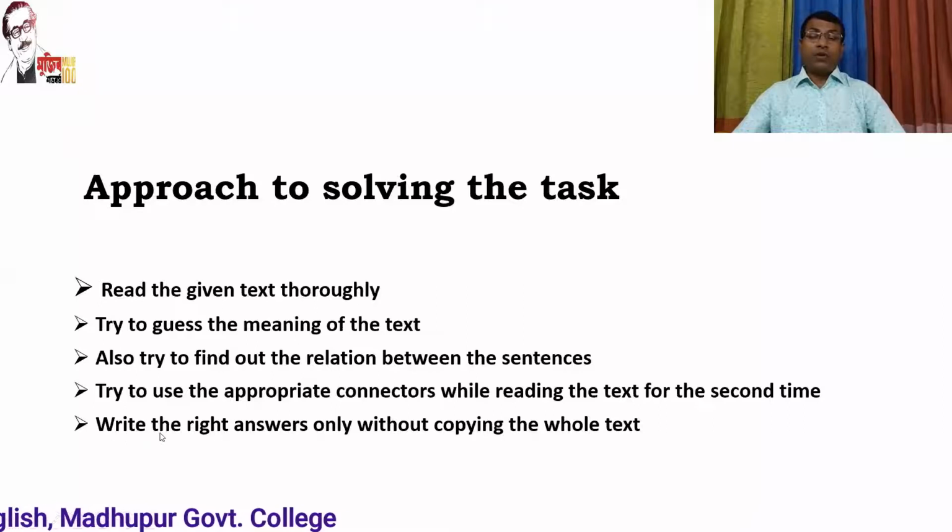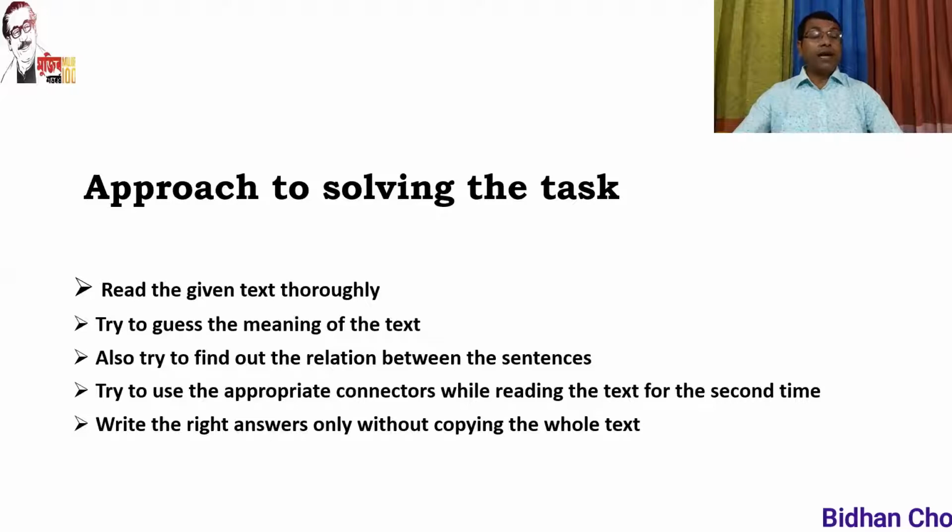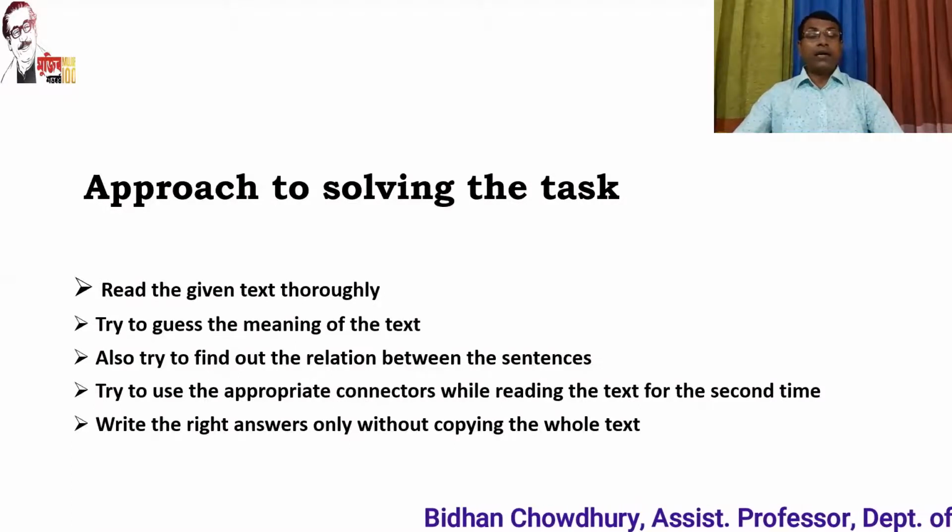And last of all, write the right answer only without copying the whole text. So when you write the answers in the answer script, you should not copy the whole text as you are suggested to do in the case of pronoun references. In the case of pronoun references, students are expected to copy the whole text from the question paper, and then he should write the correct answer and underline it.